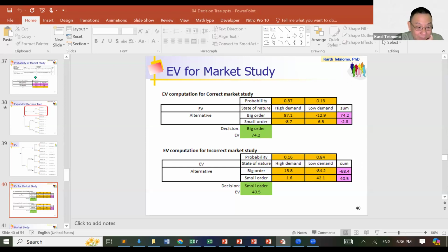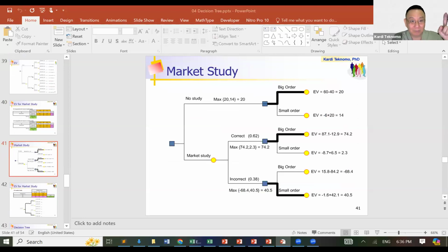And from there, you can put back the decision. If no study, your result is big order. If with market study, either correct or incorrect, these are also results: big order and small order. If your market study is correct, you will select big order.